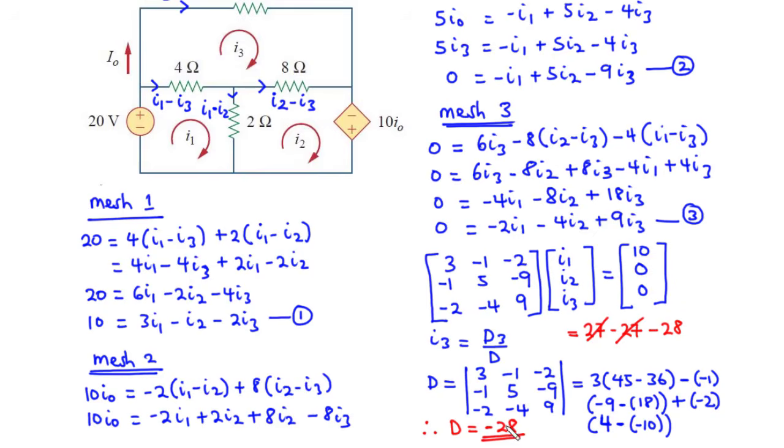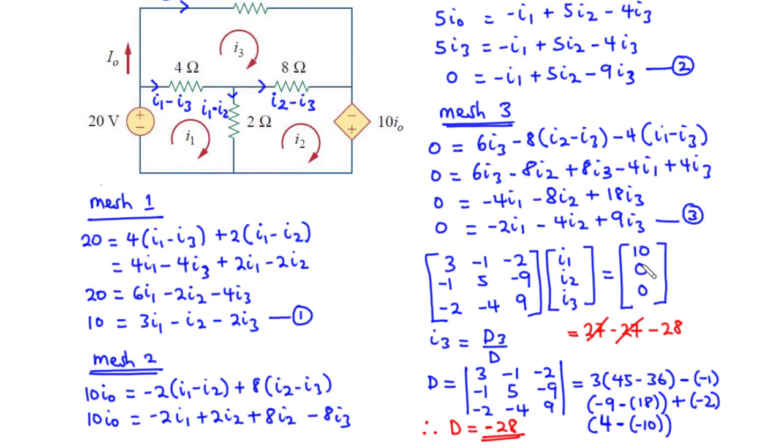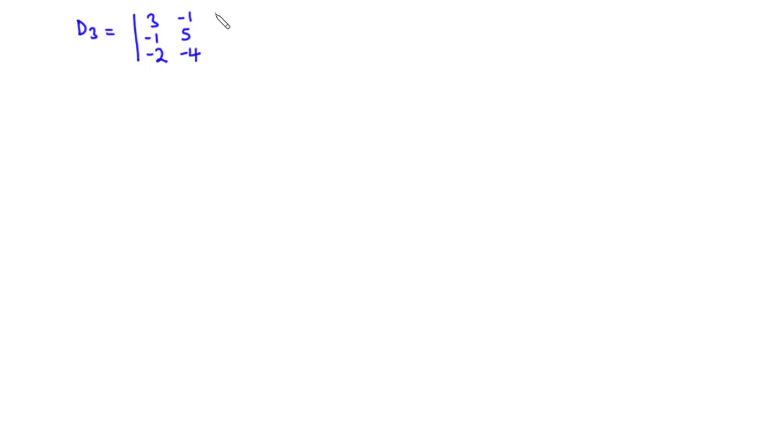For column 2, we have -1, 5, -4. And then for column 3, we are going to replace that by the constant 10, 0, 0.